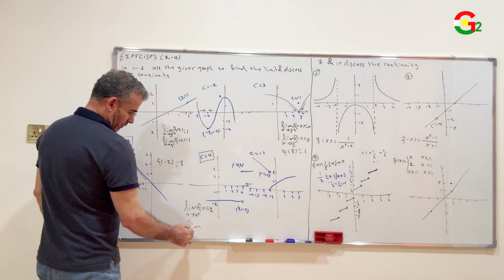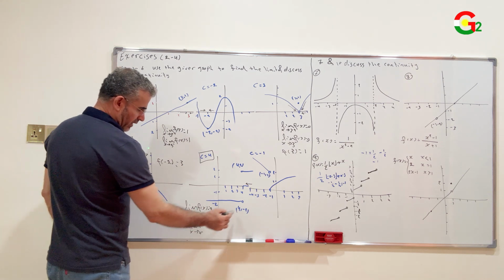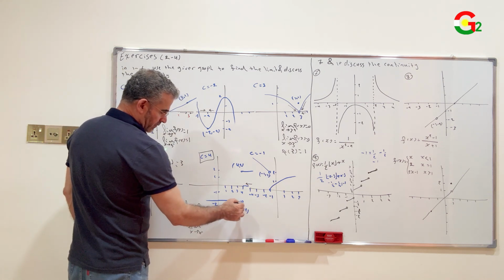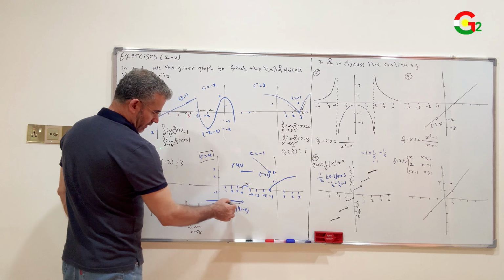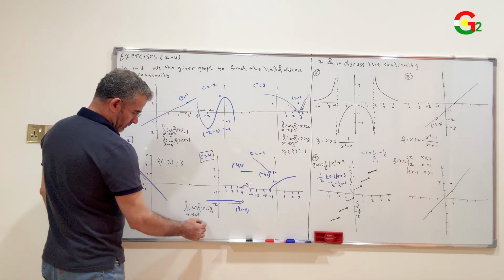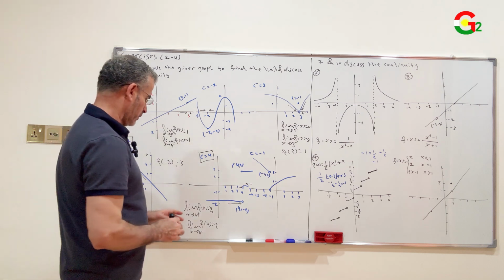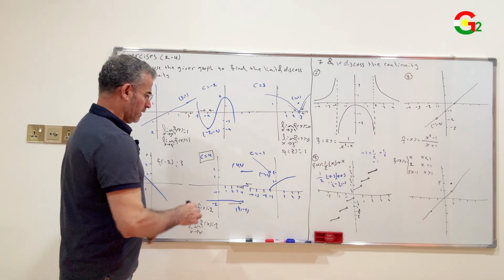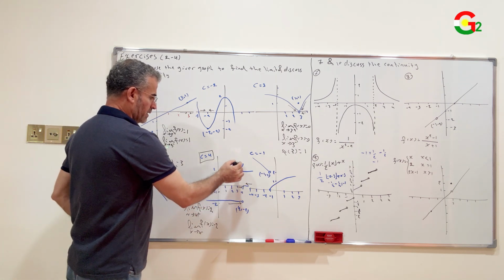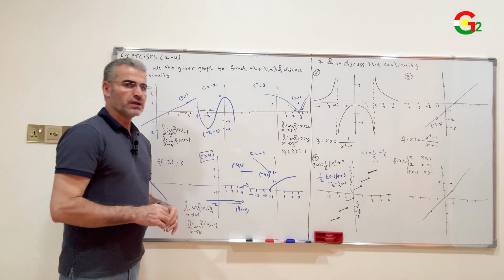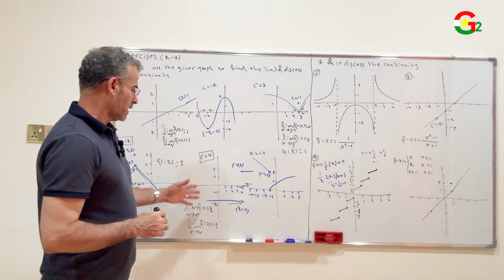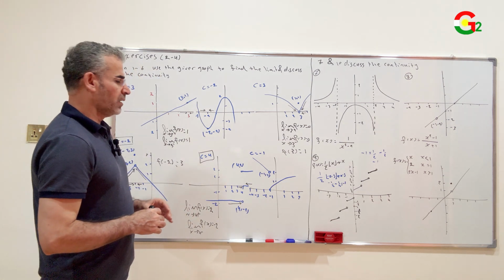Limit when x approaches 4 from left, the function is -2. This function has no limit when x approaches 4, and f of 4 is 2. This function is not continuous and has no limit when x approaches 4.